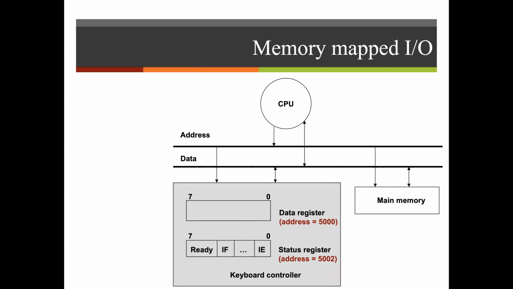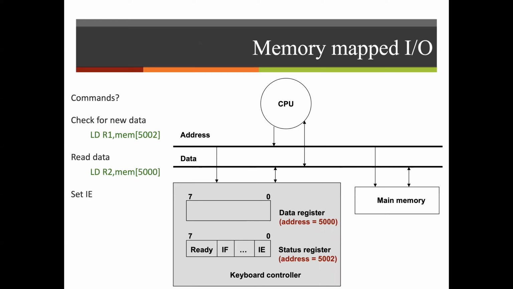And so in order to accomplish this, we will need specific commands. We'll need to be able to check for new data that might be available. We'll need to be able to read data.